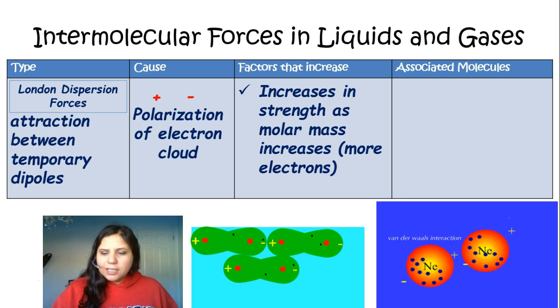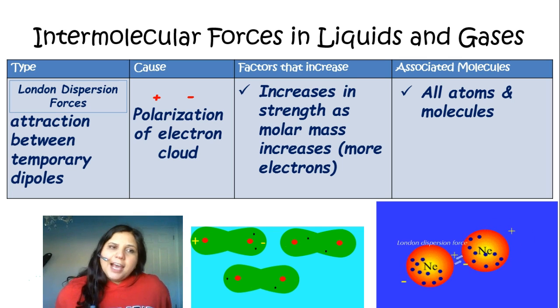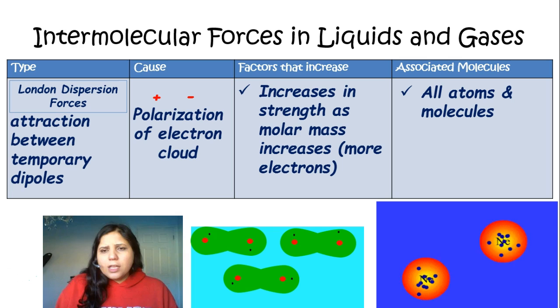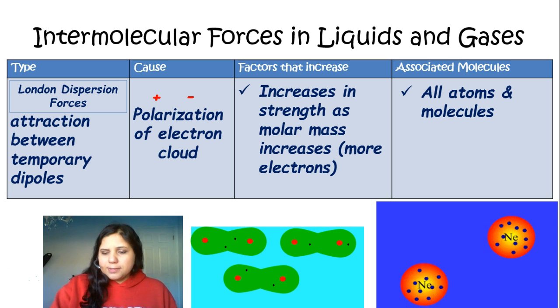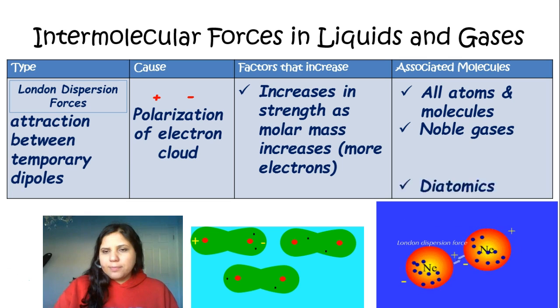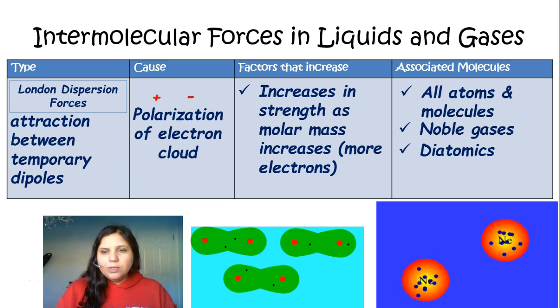Now, molecules that can do this, associated molecules. Actually, everything has London dispersion forces. All atoms, all molecules. Specifically, things that tend to only have London dispersion forces are noble gases, diatomic elements, so hydrogen, H2.